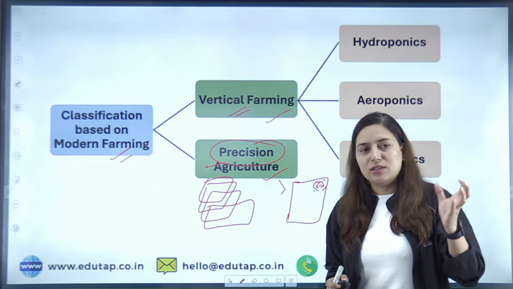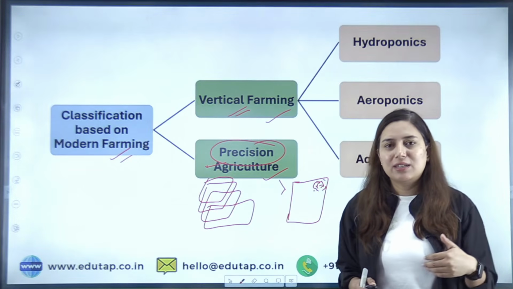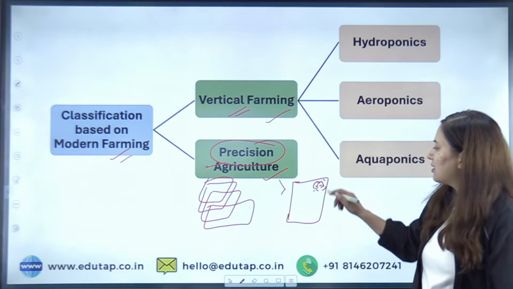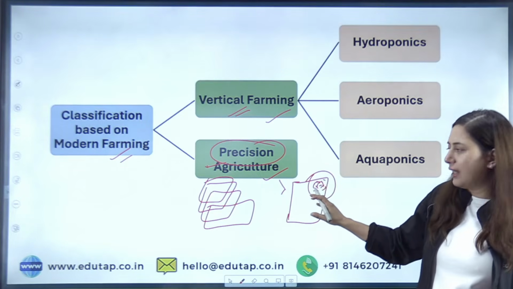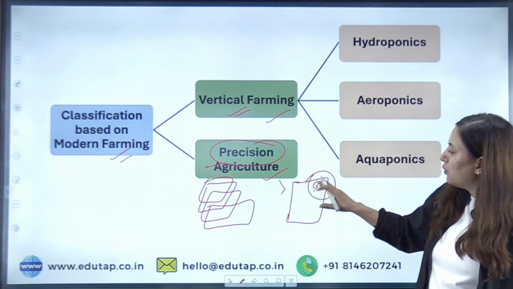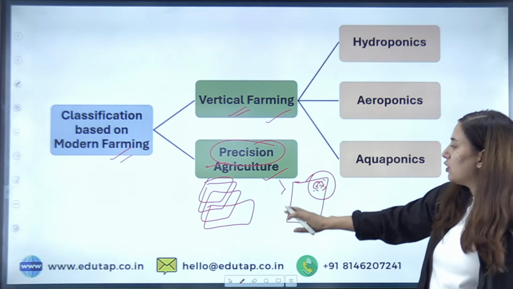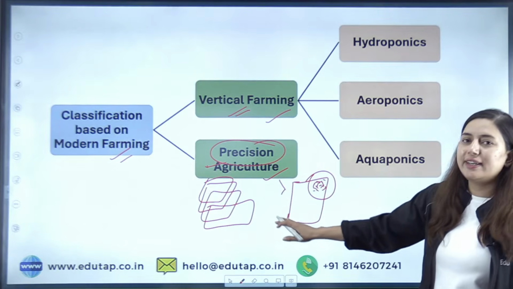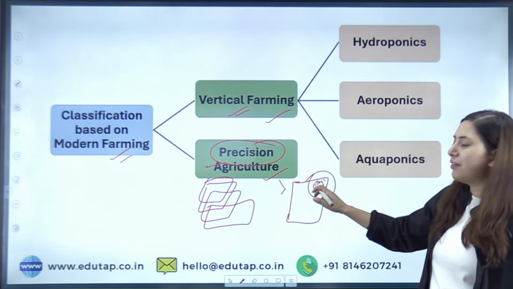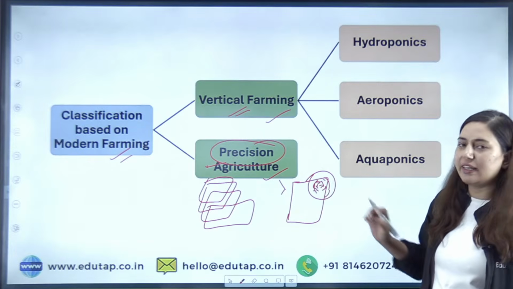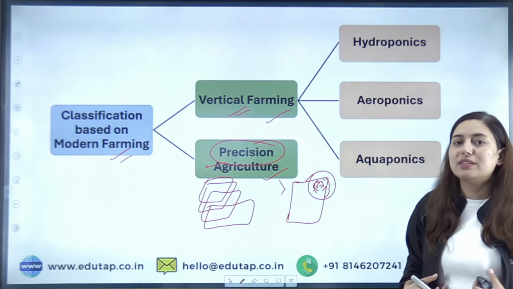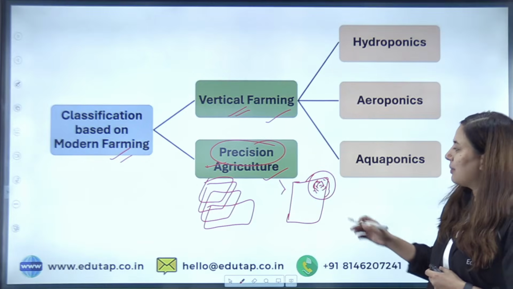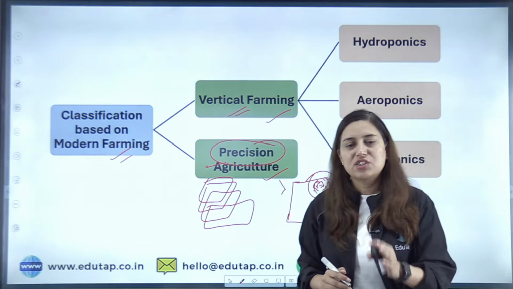And based on the data collected by those machines, you will get to know okay, there is some kind of problem in this particular area. So what you will do, you will precisely manage this area. If there is any nutrient deficiency, you will not apply fertilizer on the entire field. Rather, you will just spray fertilizer through drones in that certain area, right? That is known as precision agriculture, right? So precisely managing the agriculture is precision agriculture.